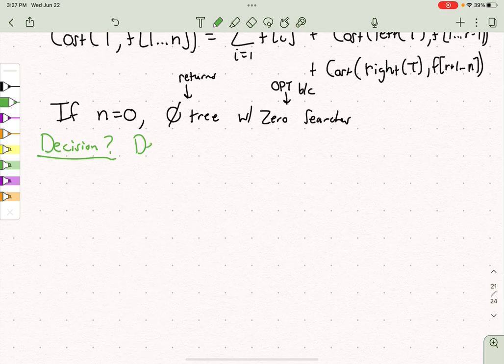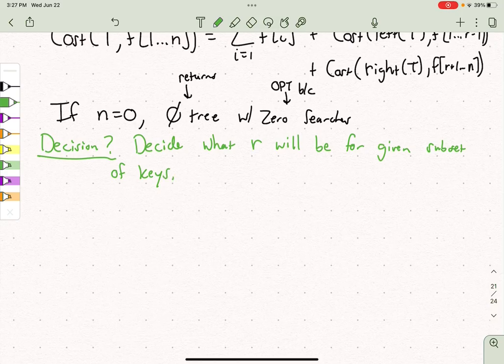We're going to decide what the root will be, not for a given T, but for a given subset of A, of the keys. So that's the decision we'll have to make.